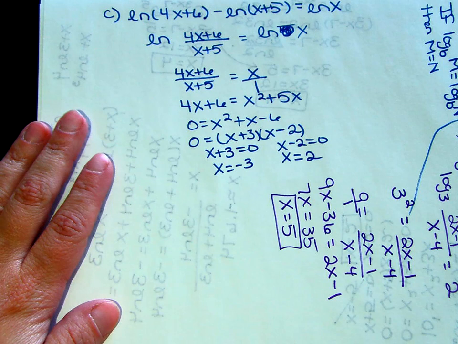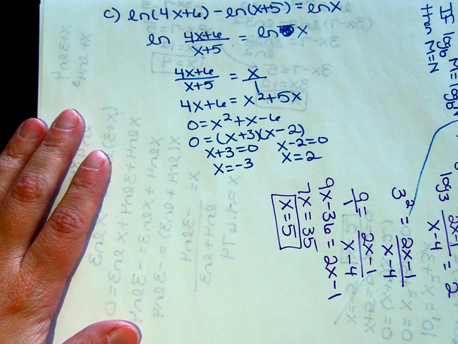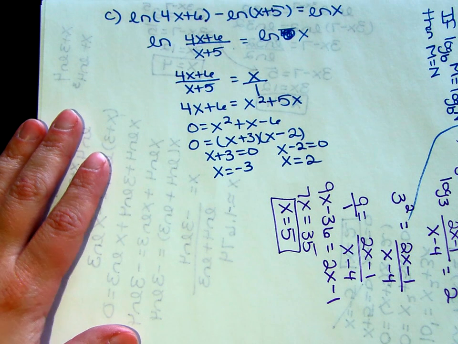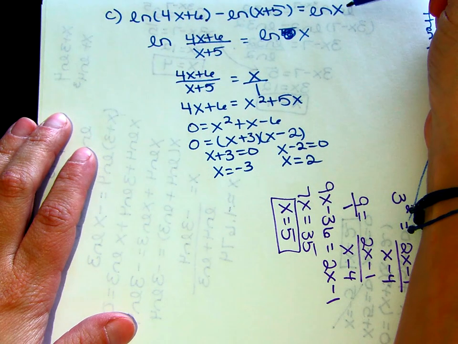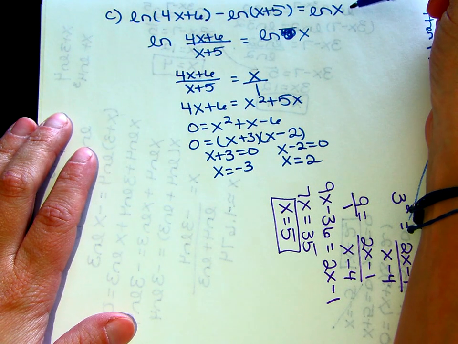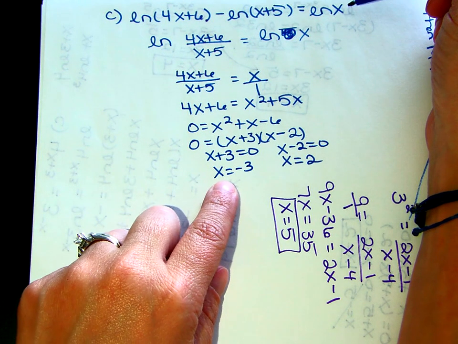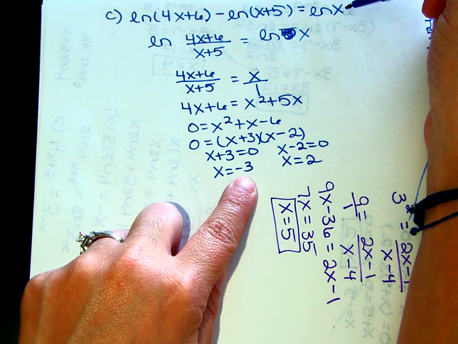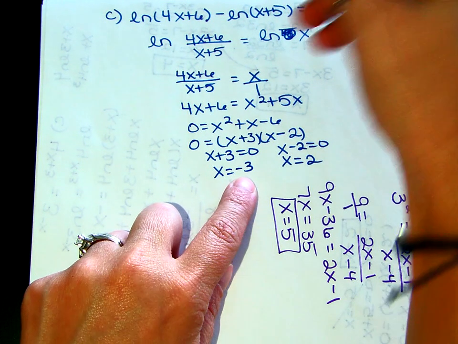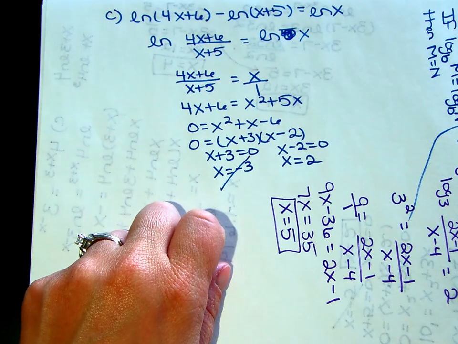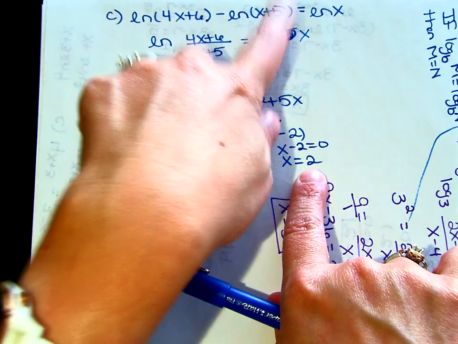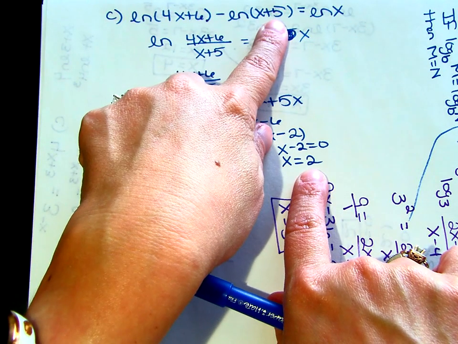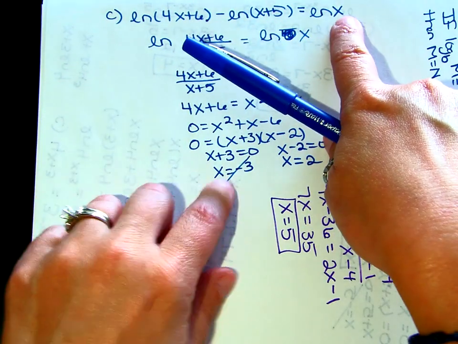Once again, we actually luck out because in our original problem, we have ln of just a single x. So that's the easiest one to check. So if I plug in x equals -3, that breaks this one, so I can't include -3 as part of my solution. Now, I would still want to check to make sure that the 2 doesn't break either of my others as well, but checking for when x is negative, if you have just ln of a single variable, that's the easiest one to check.